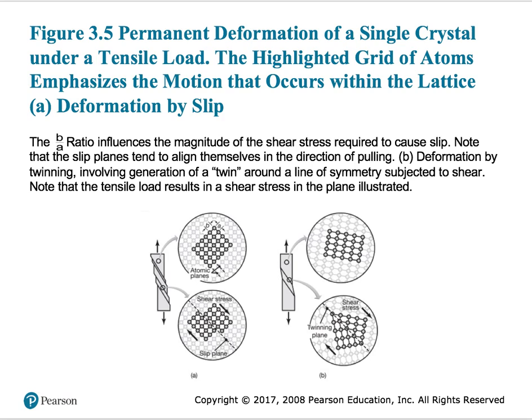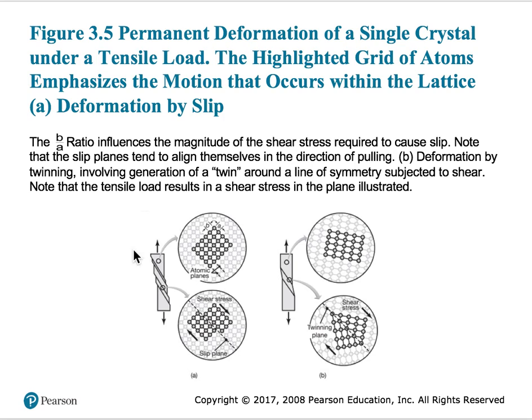So how does a crystalline type of material deform permanently under a tensile load? When you did tensile testing in ENSA 3313, you just saw this sample extend and elongate.